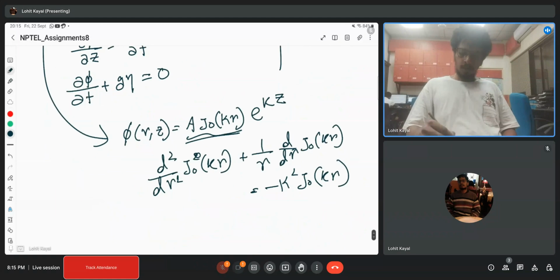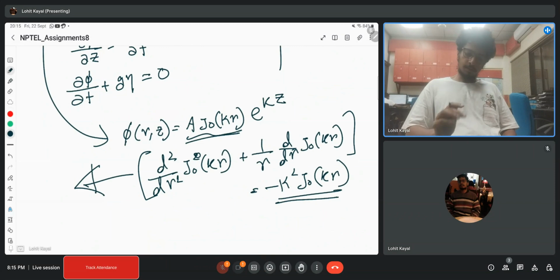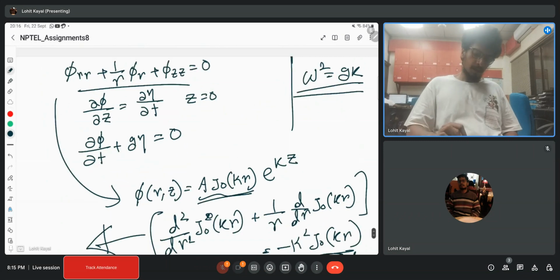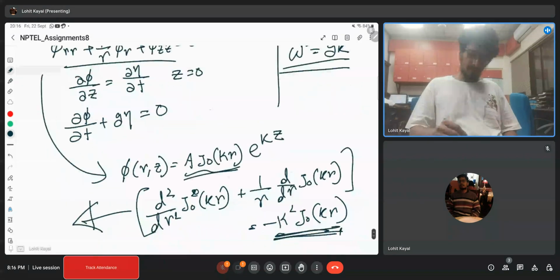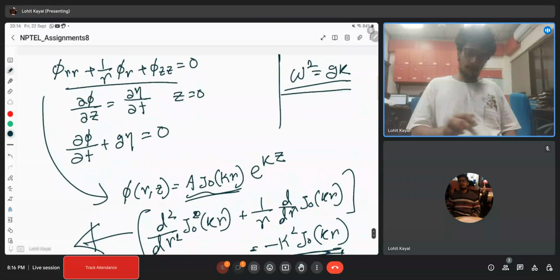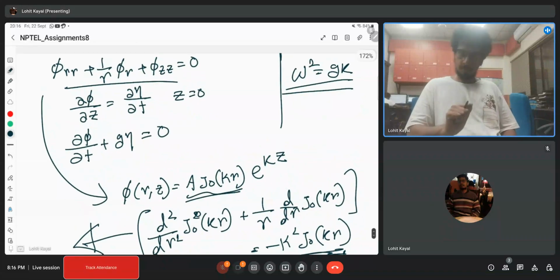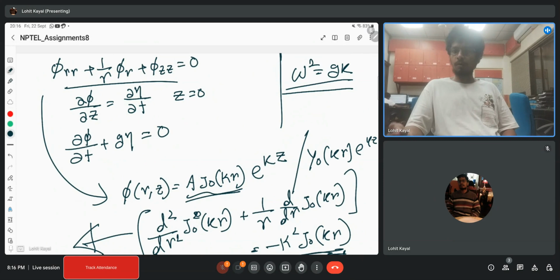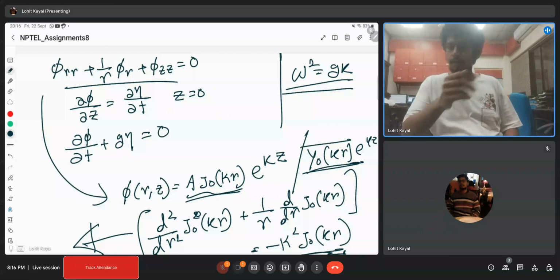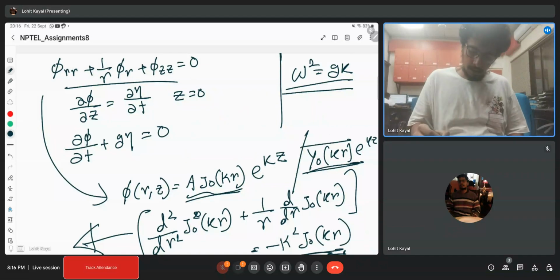This is one relation that you can see on the internet. If you use this in this equation, you will find that it is exactly satisfied. There can be another solution related to Y0 kr times e to the power kz, but as I have already said, Y0 kr will diverge at r equal to 0, so we do not consider this solution.